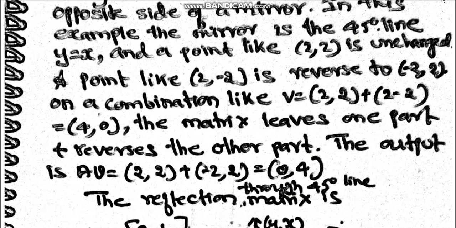So these were the original values, 2 comma 2, and after transformation these values become 0, 4, whereas before transformation it was 4, 0. So that is reflection at the 2 points.